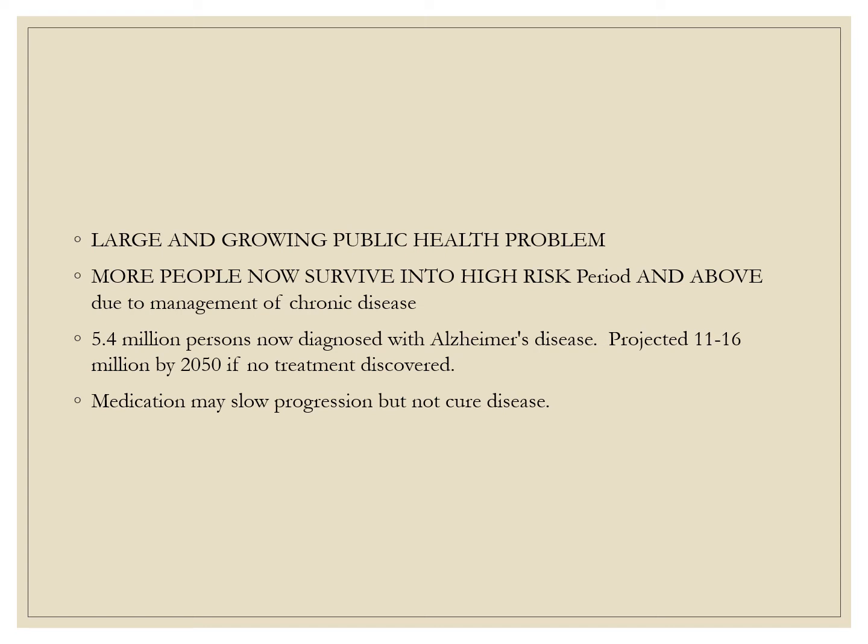Now, COVID took a lot of the elderly people, so that may have changed somewhat, but with COVID under control, I'm sure that will change again. We do have medication that can slow prognosis, but it does not cure the disease.